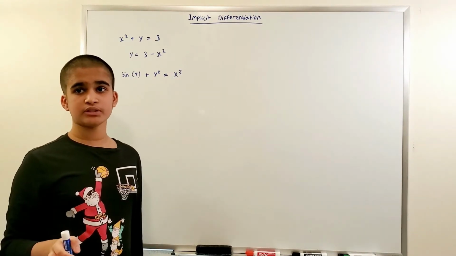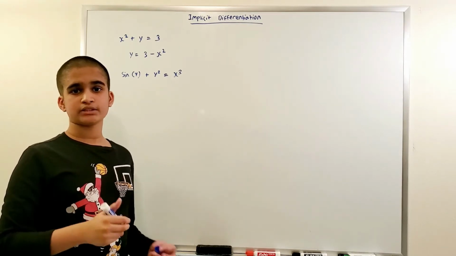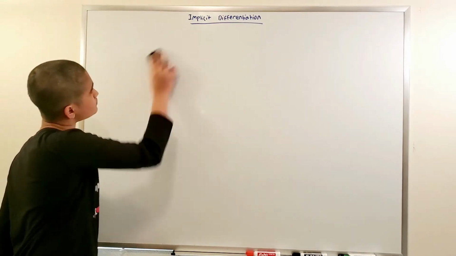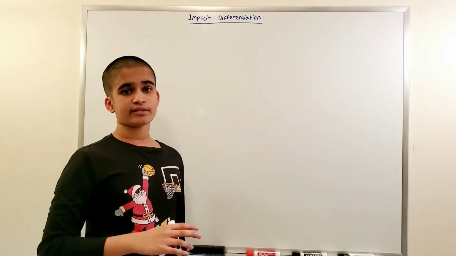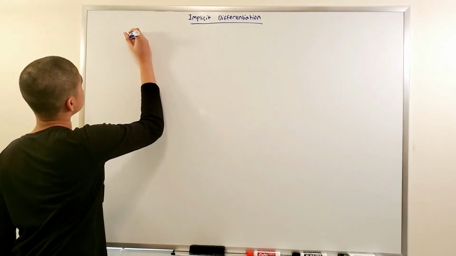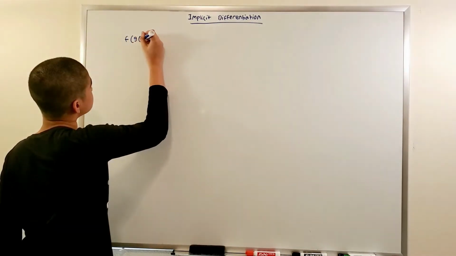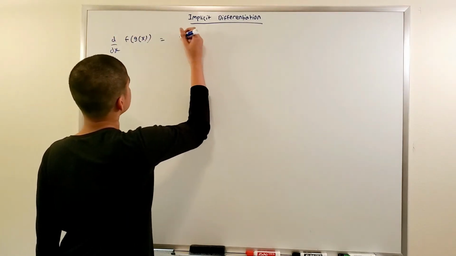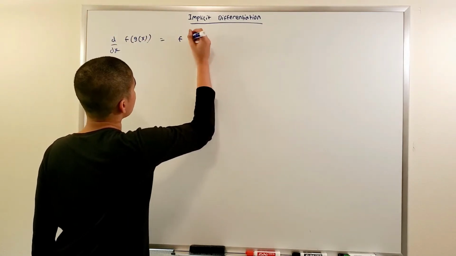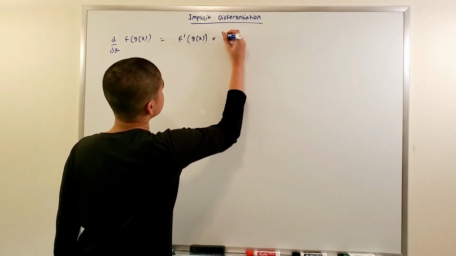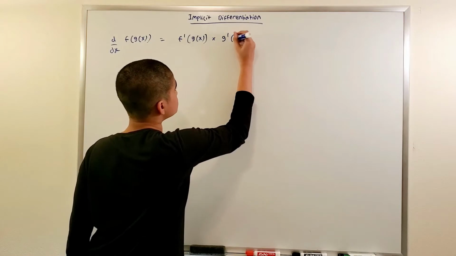Before we understand implicit differentiation, though, let us first look at the chain rule. Recall that the chain rule states that if we have a composite function, f of g of x, the derivative of this function is equal to the derivative of the outer function with respect to the inner function times the derivative of the inner function.